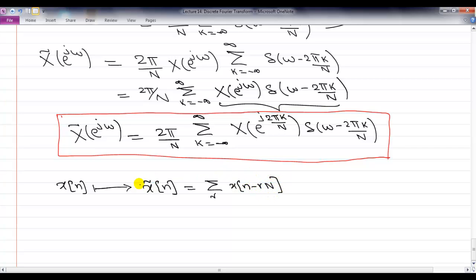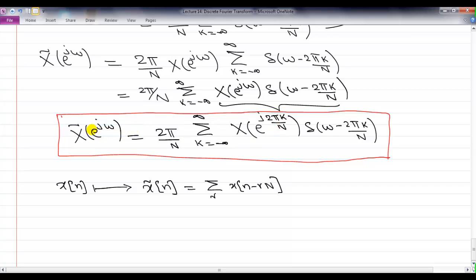And the question we want to ask is, so this x tilde n is now periodic. This means that this x tilde n has discrete Fourier series coefficients. The question we want to ask is, how are the discrete Fourier series coefficients of this x tilde n related to the discrete time Fourier transform of the aperiodic sequence you started with? Okay? So that's the question we want to ask.